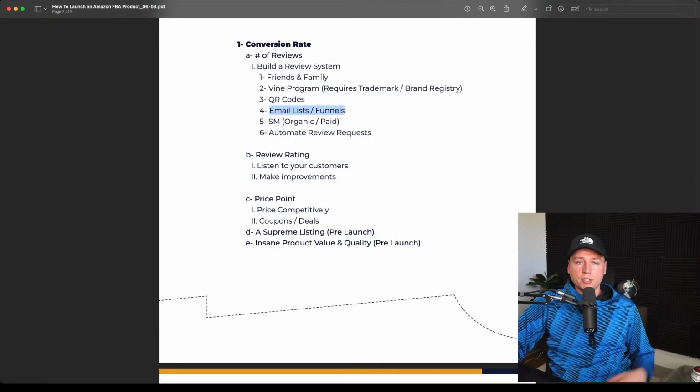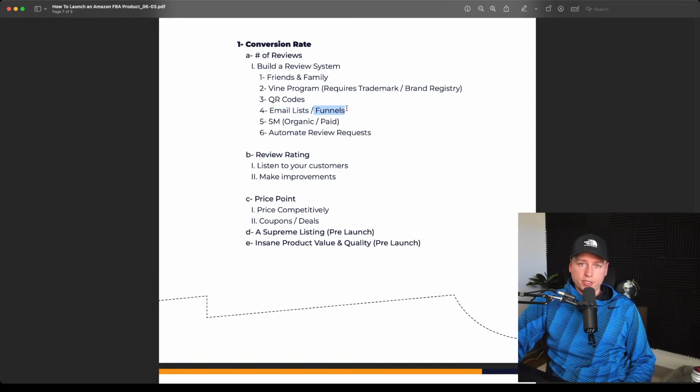Email lists and funnels. The email list is probably the most powerful thing. If you have a way to contact customers who have purchased, this is great. You can't do this on Amazon because they take care of the whole customer journey. So if there are ways to get people onto an email list, whether that's a PDF or they're reaching out in some way, whether that's something on your product packaging or whatever it may be, this is great because you can know who purchased and then reach out to them for a review later.